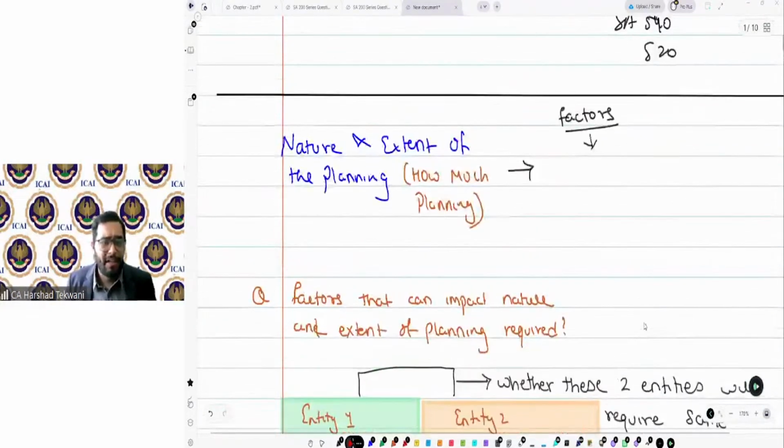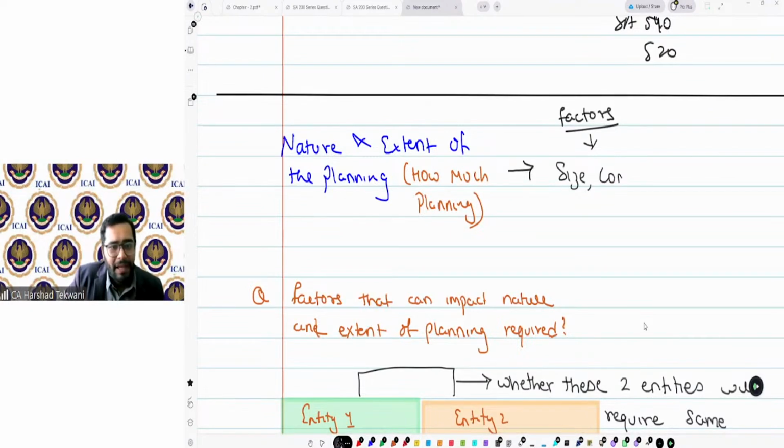So these are some factors which impact the nature and extent of my planning. That is size, complexity. Okay, you can say past expertise also. If I'm expert in oil and gas or not, or this is the first time for me, or experience.